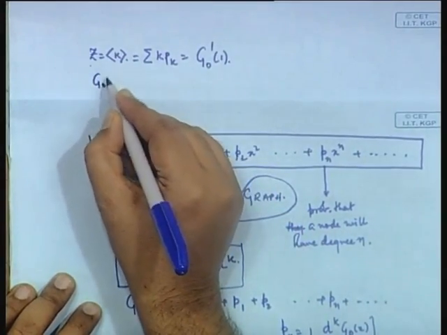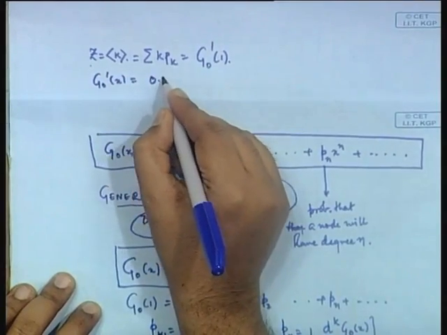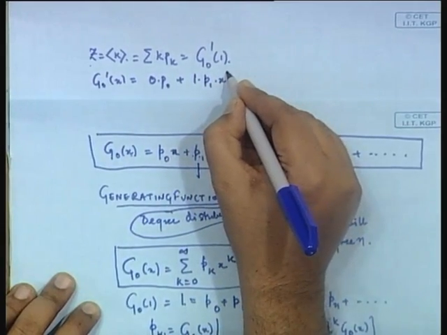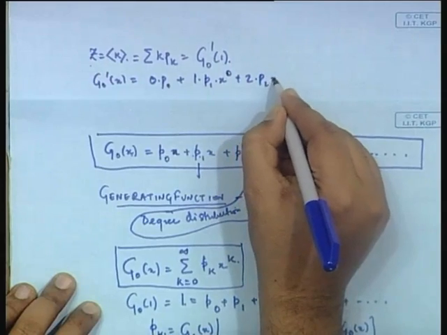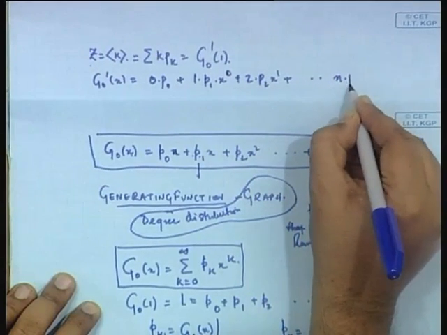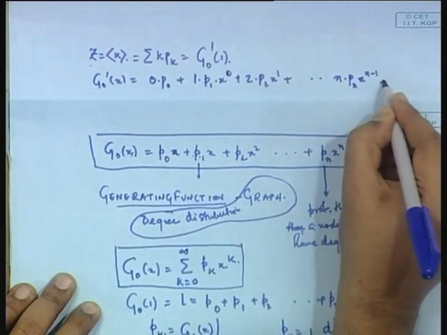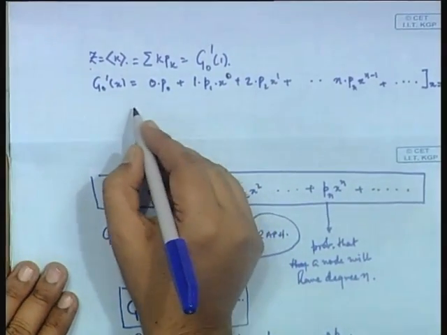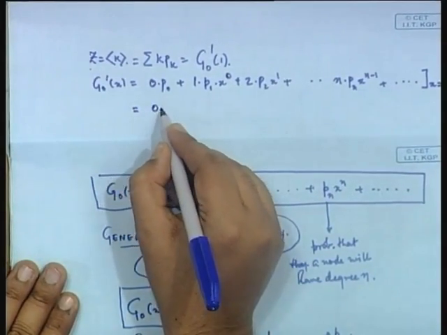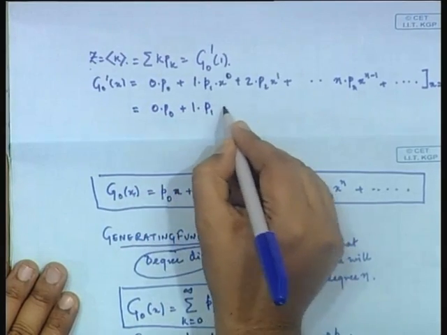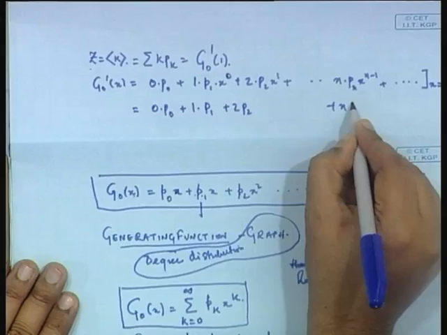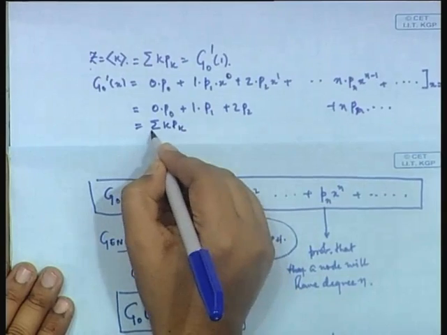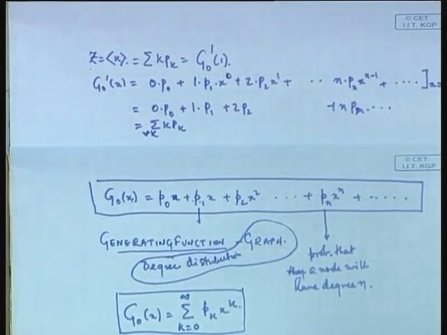This is becoming 0 into p0 plus 1 into p1 into x to the power 0 plus 2 into p2 into x to the power 1 plus n into pn into x to the power n minus 1, and put x is equal to 1, then this becomes 0 into p0 plus 1 into p1 plus 2 into p2 plus n into pn, and this actually is the summation of k pk for all k. Okay, agreed?